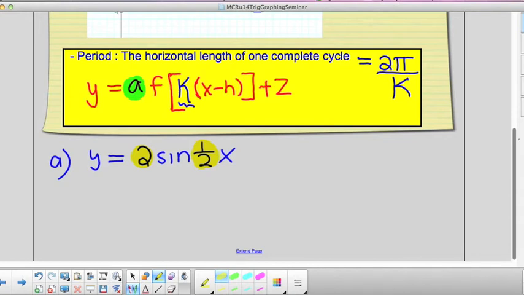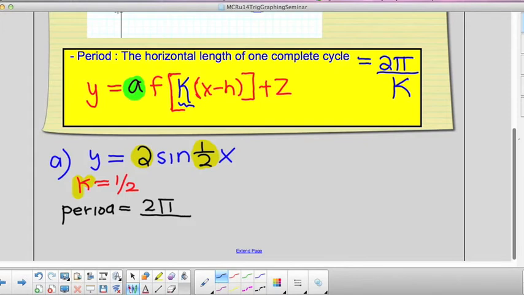I know that the amplitude is 2 right away. The way you find your period, though, from this equation, I know that my K term is equal to 1/2. The formula for period is equal to 2 pi. Sometimes when you're dealing with numbers, remember 2 pi is the same as 360 degrees. So sometimes we use the number 360 over my K value of 1/2.